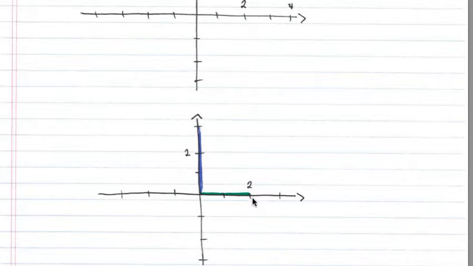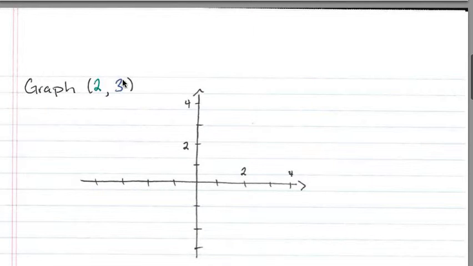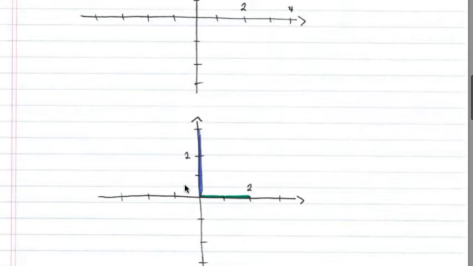We went to the number 2 on the x-axis. And then we do the same with the y-axis. So we take the y value and we put it on the y-axis. The y value was 3, so we go 1, 2, 3 on the y-axis.